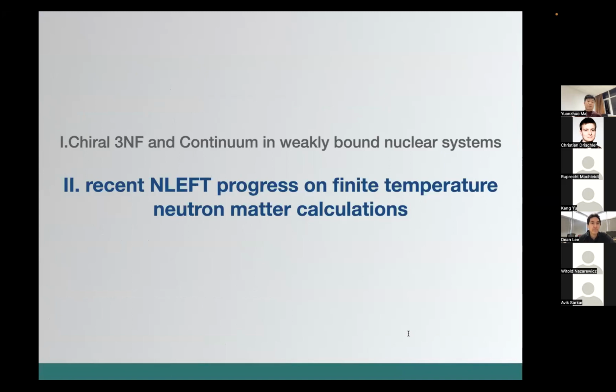As I mentioned before, I also want to take some time before the end to give a brief introduction of our recent progress on the nuclear lattice effective field theory calculation of finite temperature neutron matter systems.